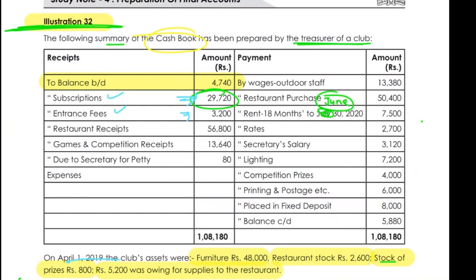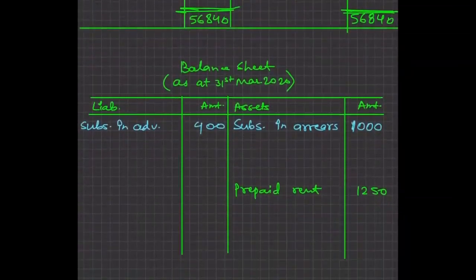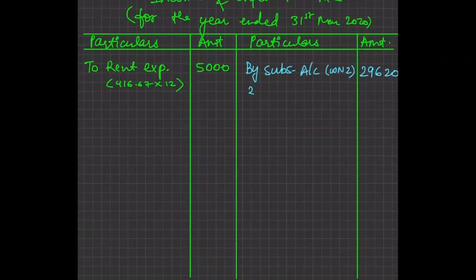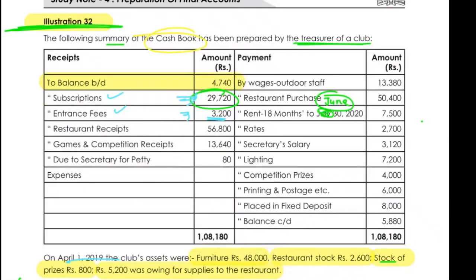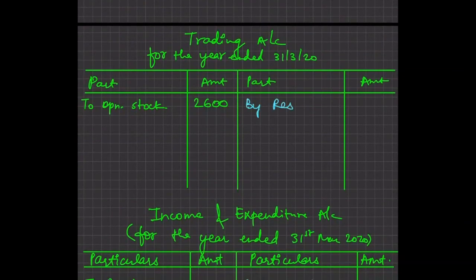So entrance fees is mentioned as 3,200. So I will write here in my income and expenditure account by entrance fees 3,200. Then we have restaurant receipts of 56,800, and for restaurant receipts we are maintaining the trading account. So trading account by restaurant receipts 56,800.